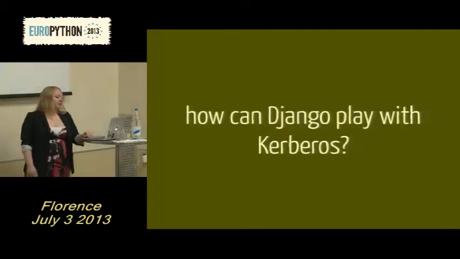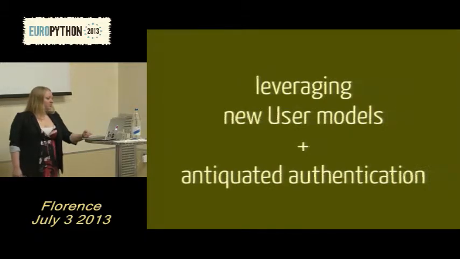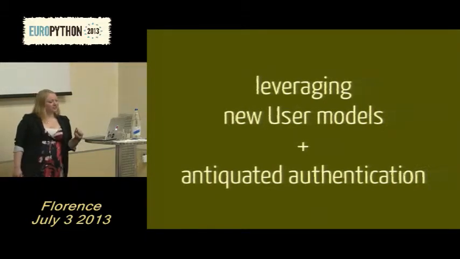And so how can Django play with Kerberos now? You want to leverage Django's new user models. So a quick overview of the problem. You want to use the new user models for your application, because you do.